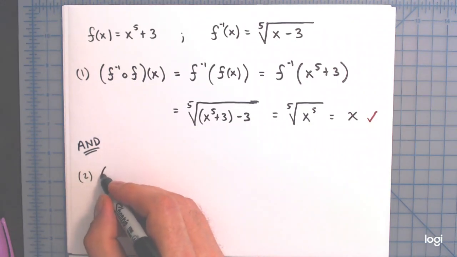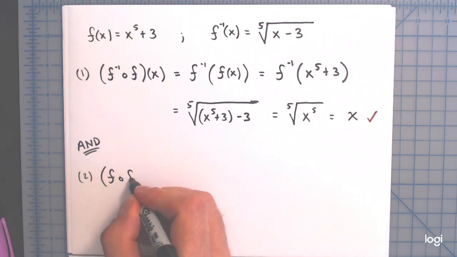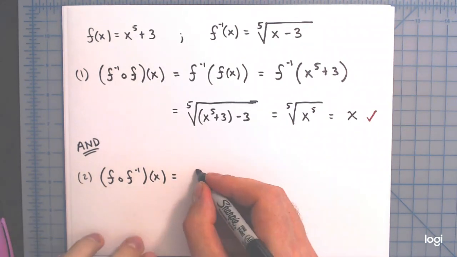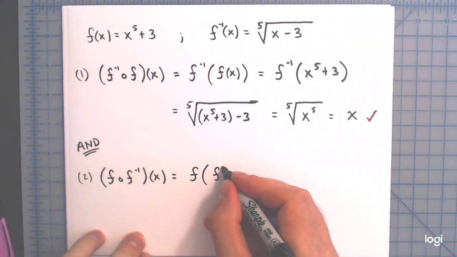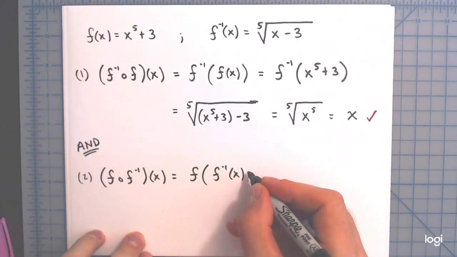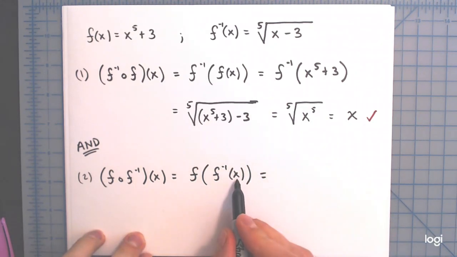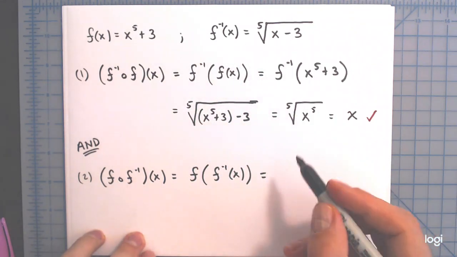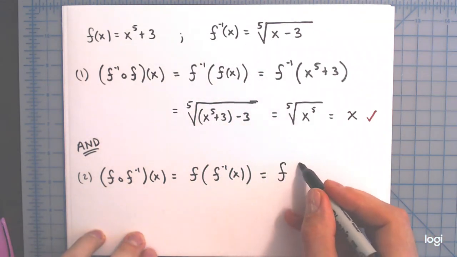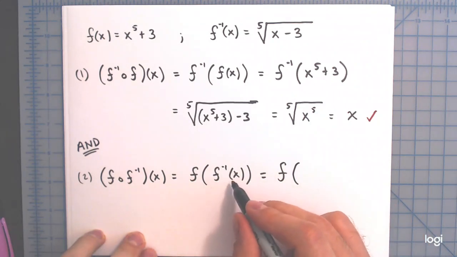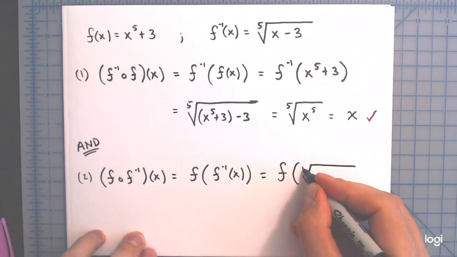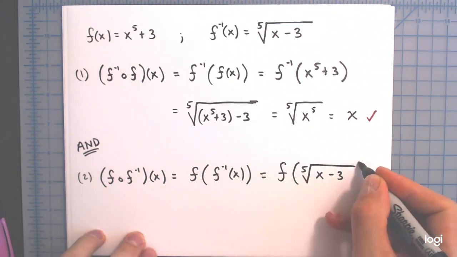So I checked the other order. Let's do f composed with f inverse. Alright, so f of f inverse of x here. So x goes into f inverse first, which gives me the fifth root of x minus 3. So it's f of, and then again this expression in the parentheses, f inverse of x is the fifth root of x minus 3.